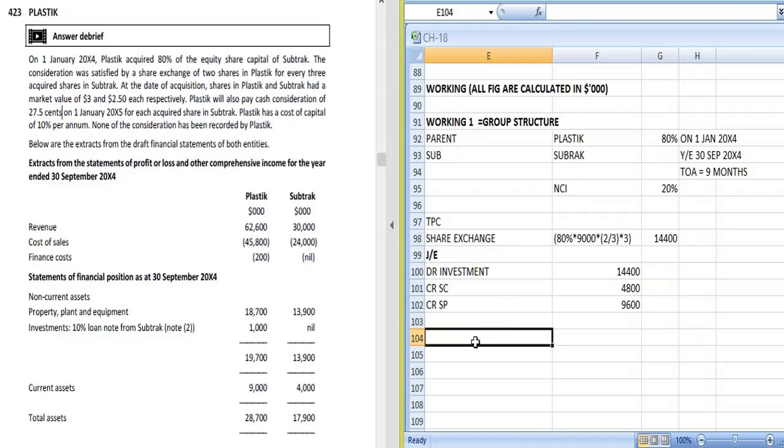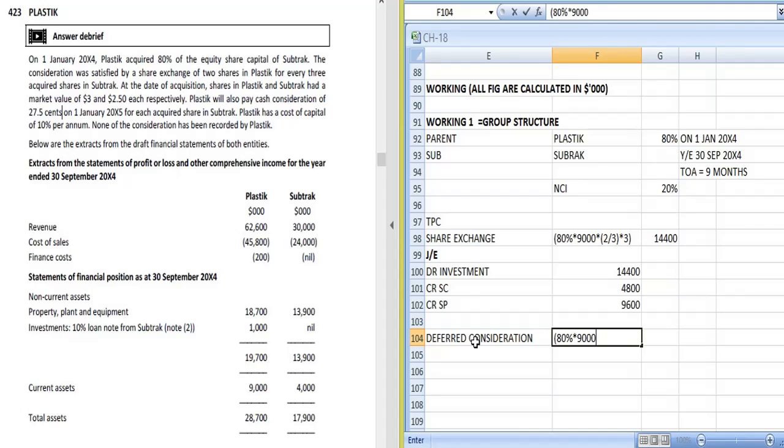So now the second consideration is the deferred consideration. The deferred consideration amount is 27.5 cents for each share acquired in the Subtract. So here I will show the calculation. How many shares are acquired from the Subtract? 80% of 9,000.